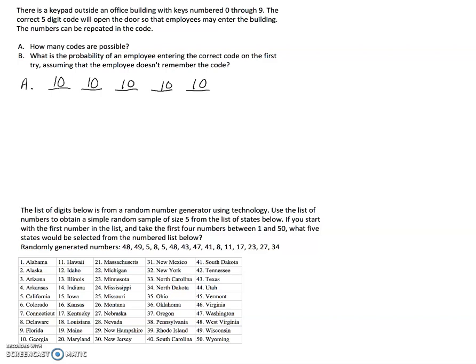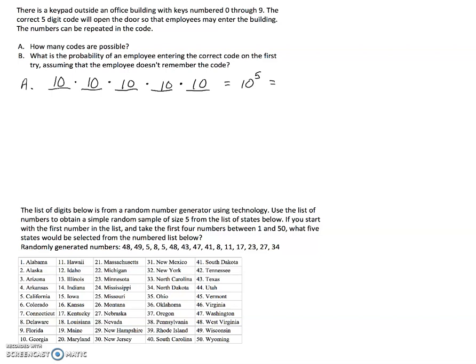And so we multiply all the numbers of possible digits together to get the total number of possible codes we could have. So I could put 0 through 9, which is 10 options in the first digit, 0 through 9 again in the second, so another 10 options.